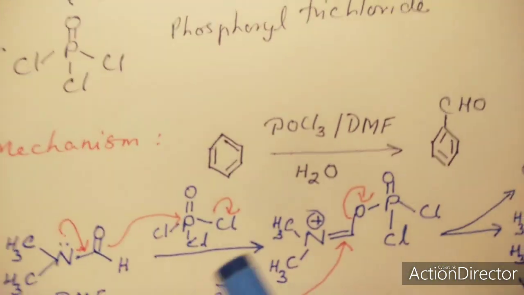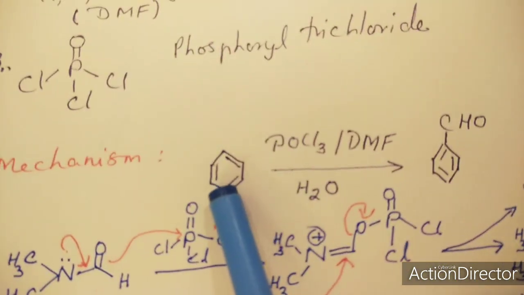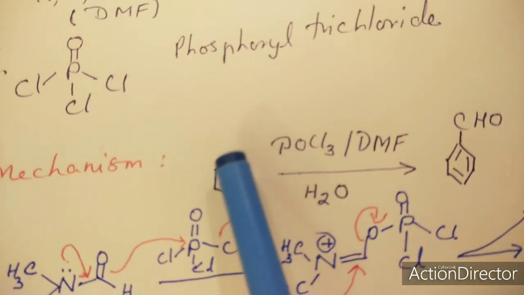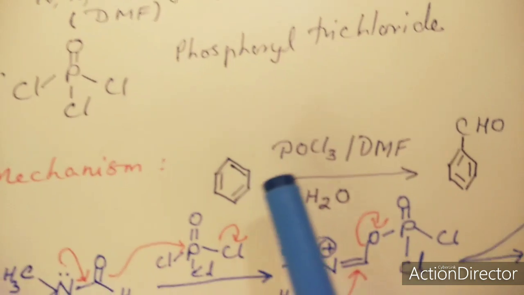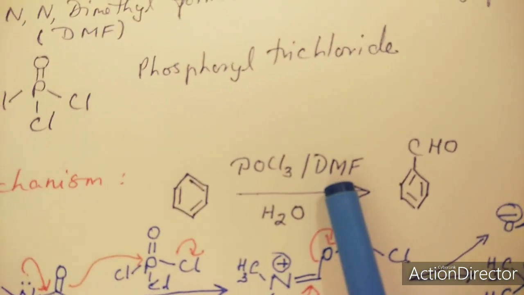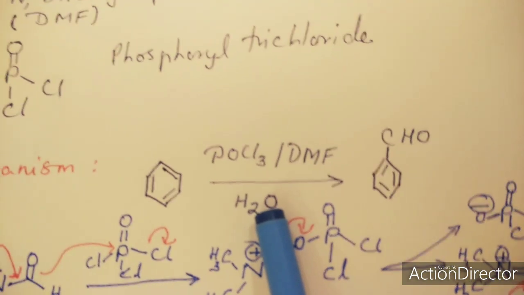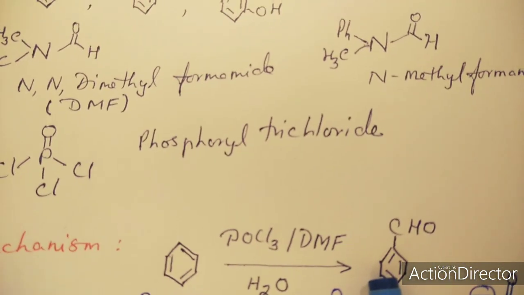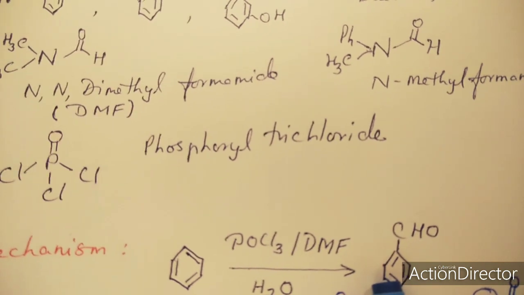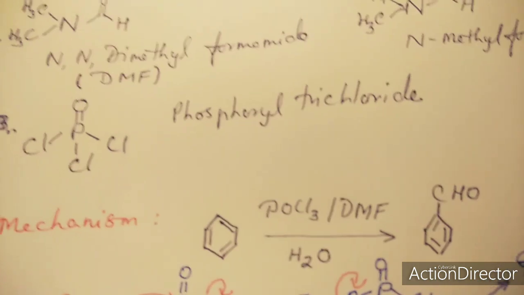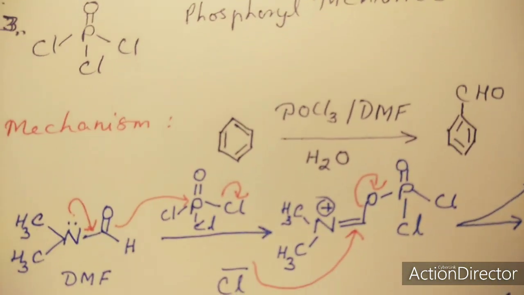Here I've shown the simplest case, taking benzene, an electron rich pi rich ring, in the presence of POCl3 and DMF, and later on a workup with water gives rise to benzaldehyde. Formylation has taken place.